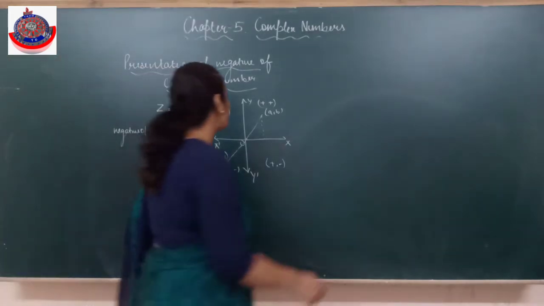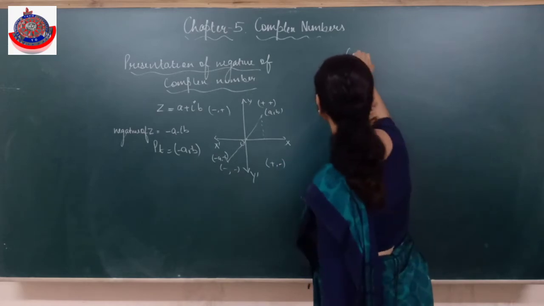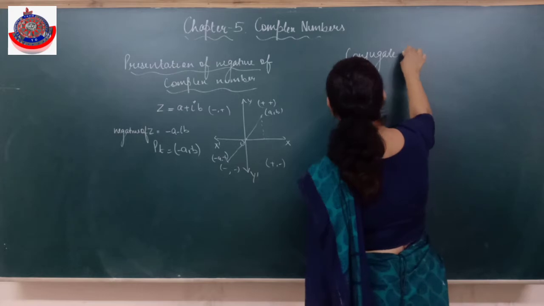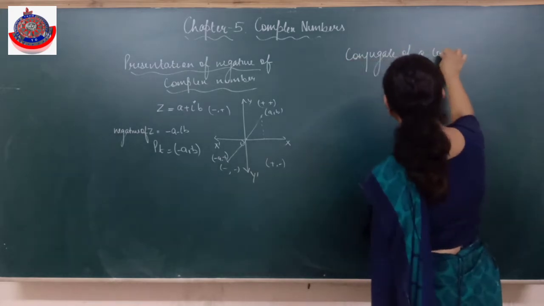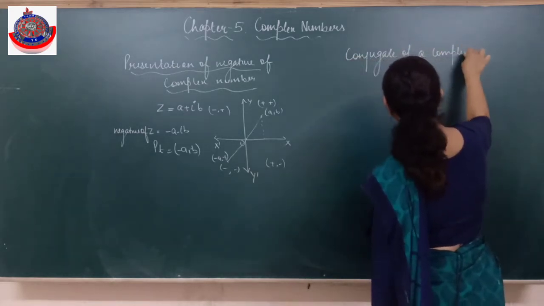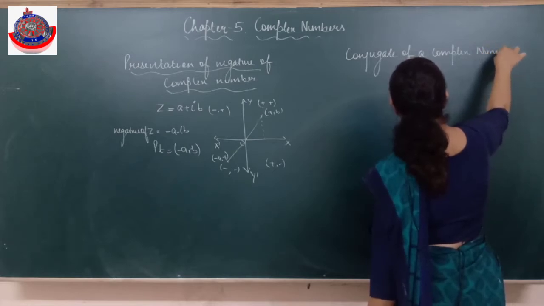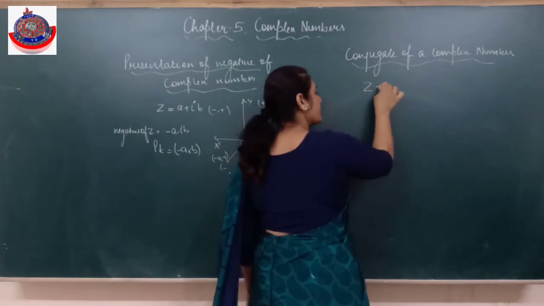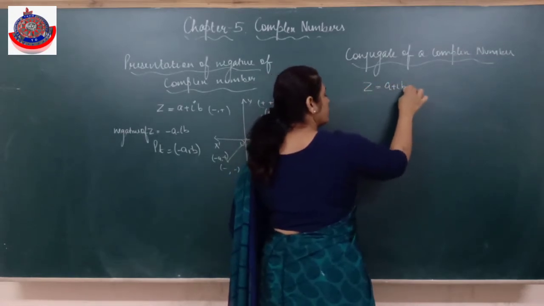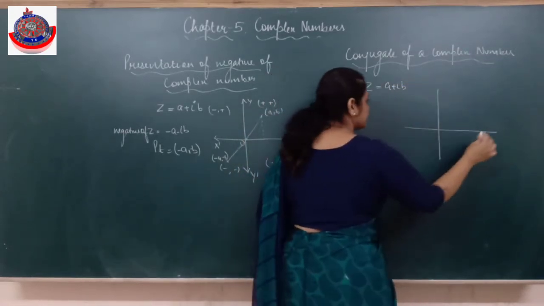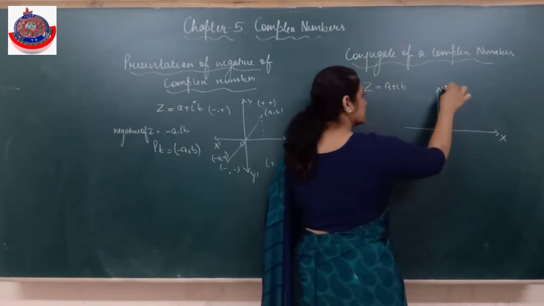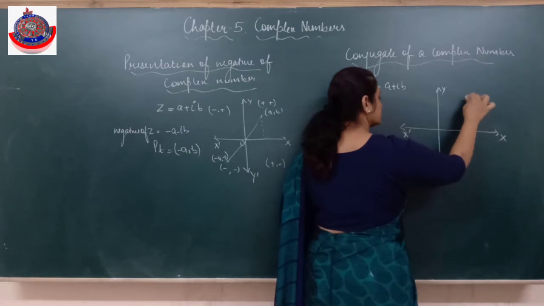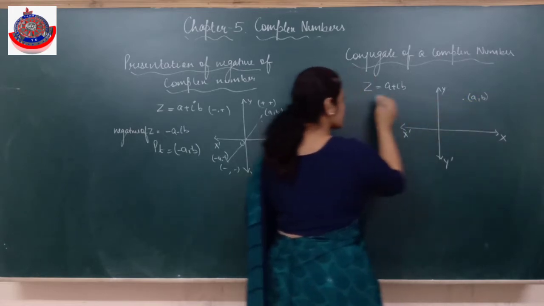Clear? Now if I want to represent the conjugate of a complex number, say z equals a plus iota b, and we know it will be represented by this point.